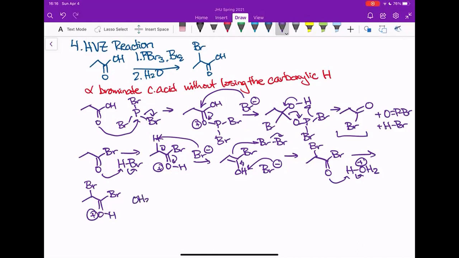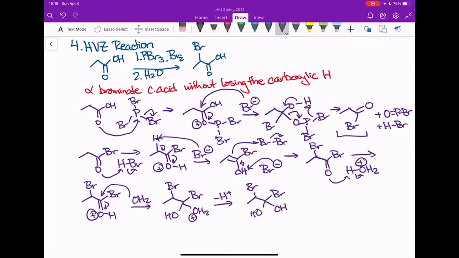And then your water can come in to attack. From here, you'll just deprotonate that water. And then Br is a good leaving group, so go ahead and send your electrons down to kick off that good leaving group. And then your last step would be to deprotonate that carbonyl to return to your carboxylic acid.